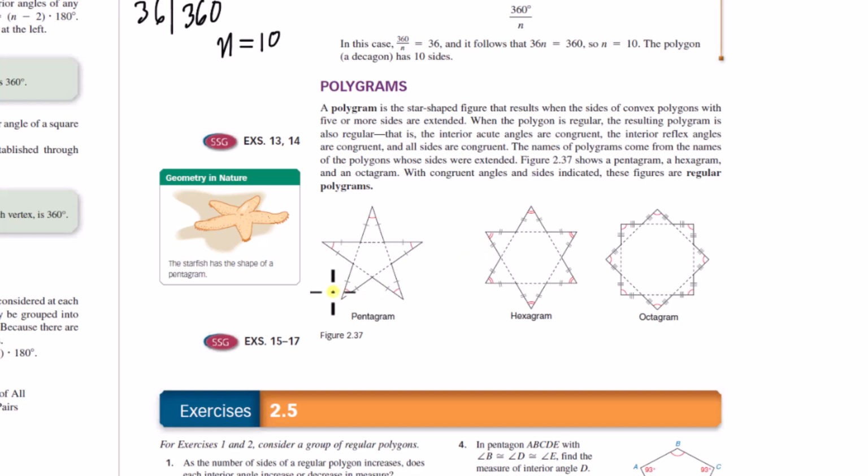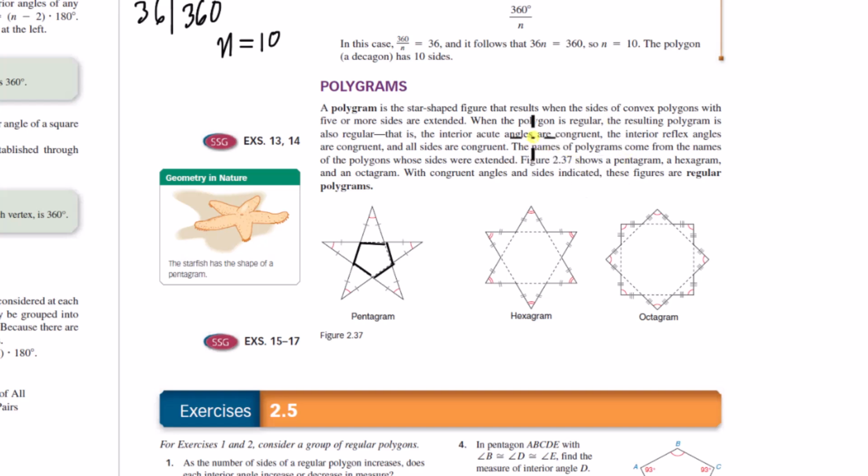So, okay, there's the pentagon, right? That's a regular pentagon. And what they're saying is you extend the sides until they meet. And you get this polygram, this is a pentagram.